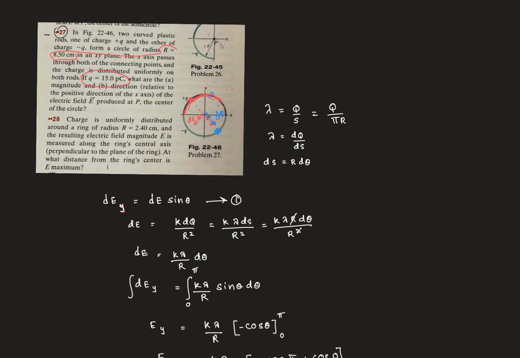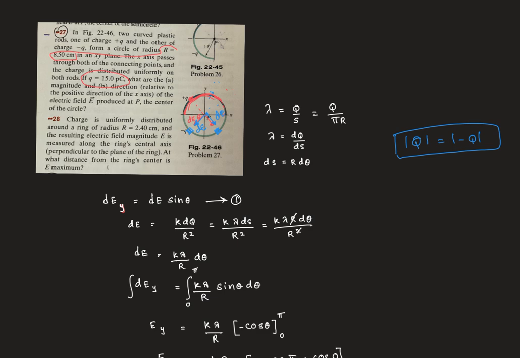And then on the other side, if you pick a point like this, you will have the electric field dE like that. And as you can see, the magnitude of the q and the negative q, I don't even have to write it like that, but I'm just doing it so that we understand that the magnitudes are equal on the top arc and the bottom arc.